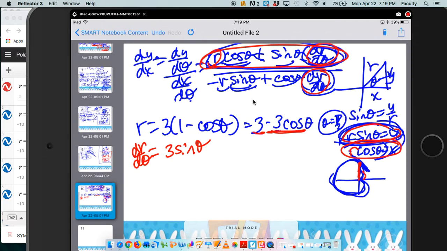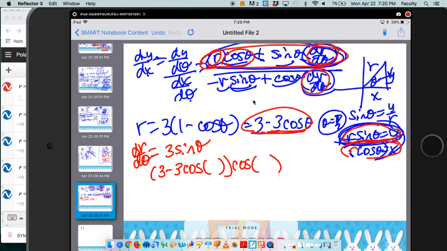All right, so I'm going to say r, which is right here, 3 minus 3 cosine theta, times cosine theta. I'm going to erase this, but remember that picture that I predicted.